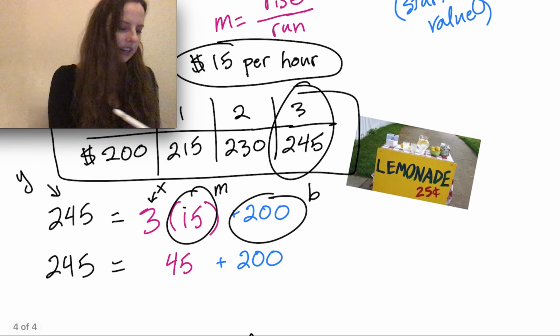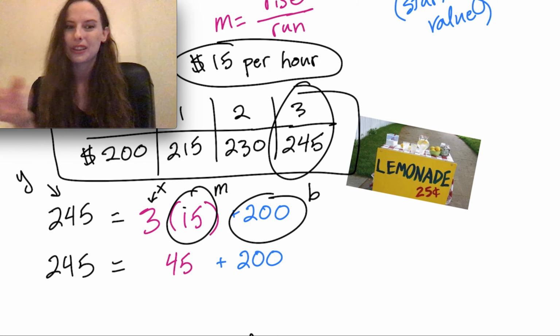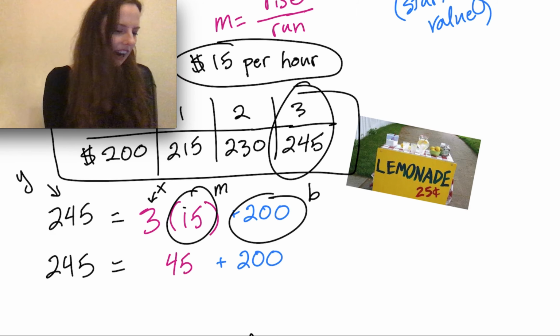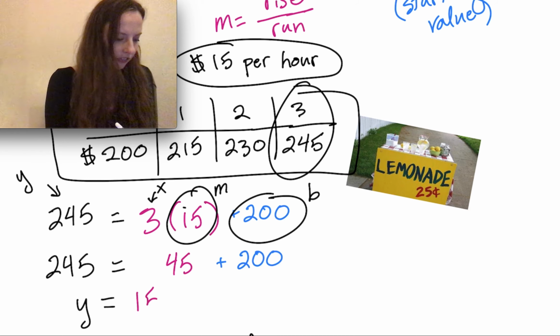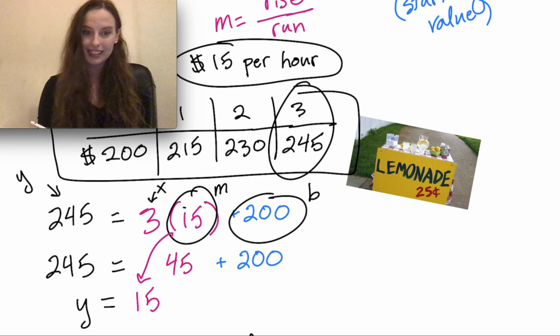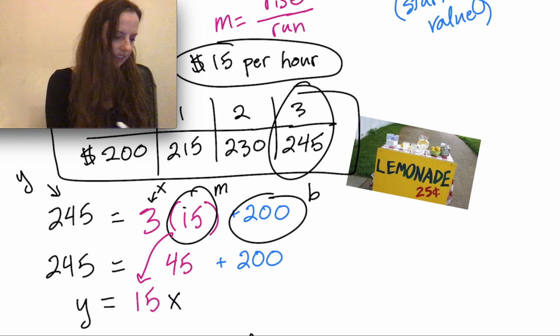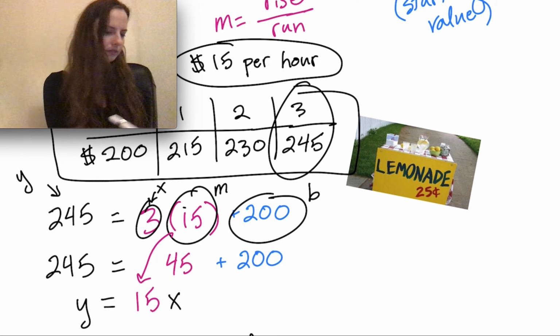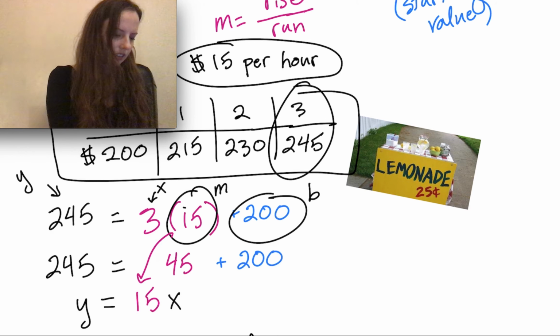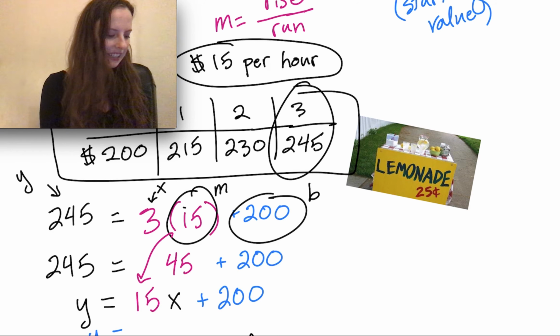So if we were to take this and write it out with the x and the y in there, we would have y equals, and then we'd have that slope of 15, I'm going to just put it in front this time, times the x, in this case it was 3, plus 200. There is our y equals mx plus b.